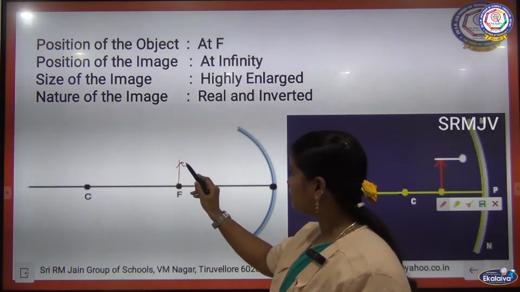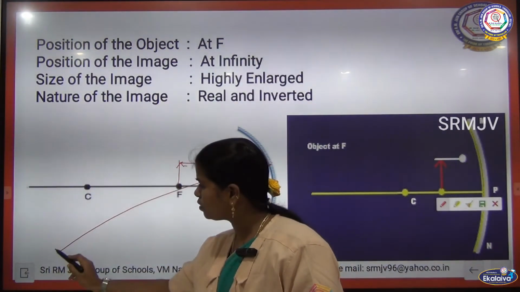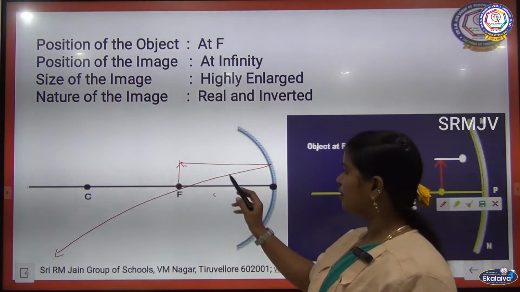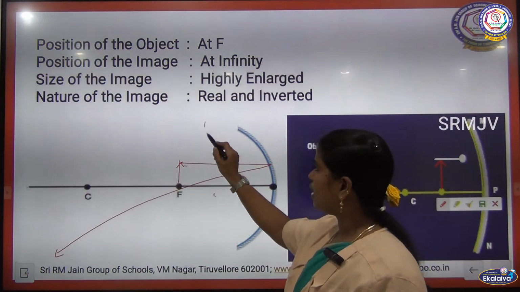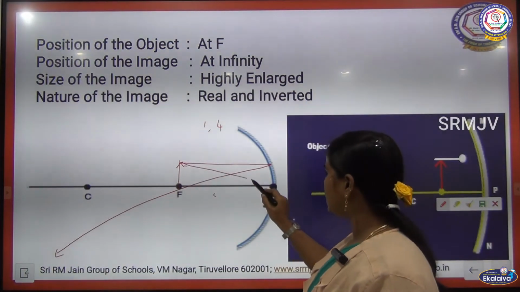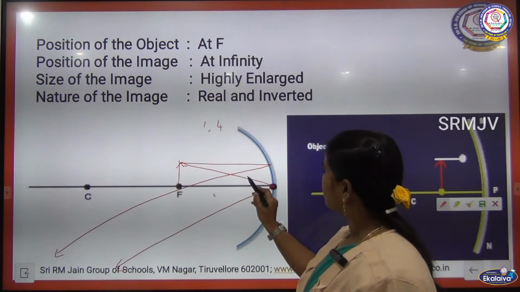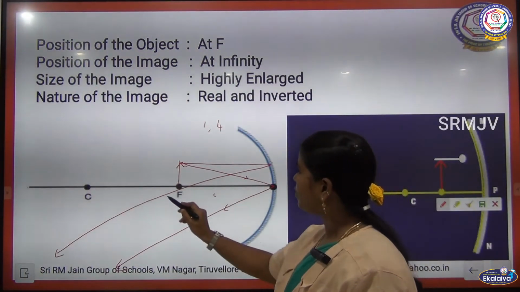A ray parallel to the principal axis passes through the focus, and the next ray, this is rule 1, and we can use rule 4. A ray incident obliquely will be reflected obliquely.